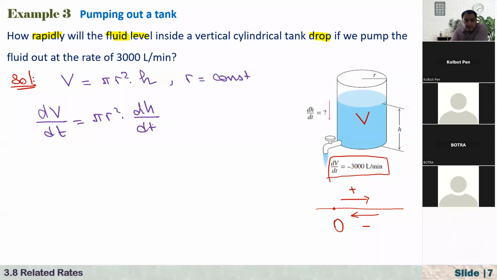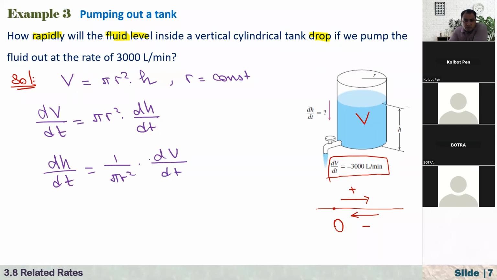And now dV/dt is given as 3000. So first I need to find dh/dt. dh/dt is equal to 1 over pi r squared times dV/dt.